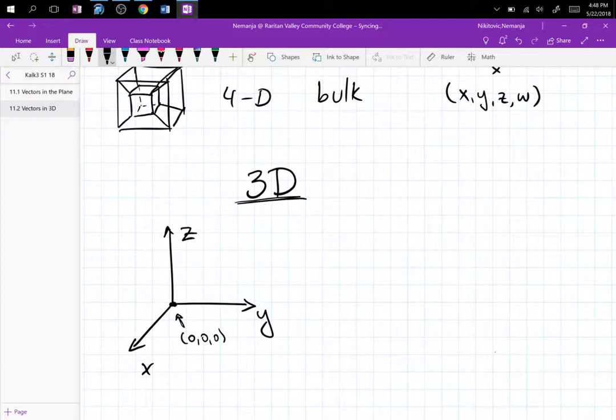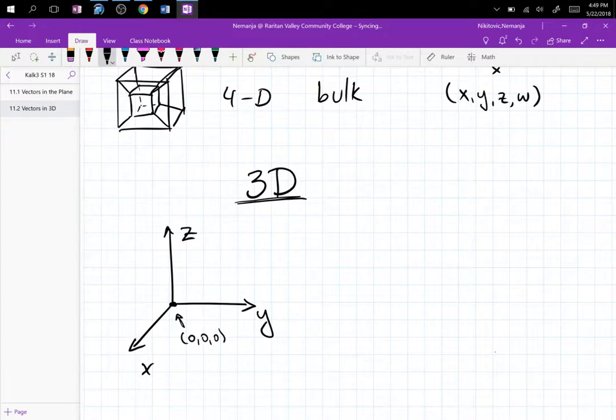We still have x, y, and z axis there. Now, this coordinate system is called the right-handed coordinate system. And the reason is you will wrap your hand around the z-axis, and since it's a right-handed coordinate system, when you start bending fingers, the tips of the fingers will first go through the x-axis and then the y-axis.